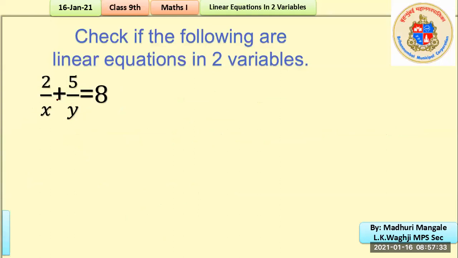Here we see the exponent is 1. And how many variables are there? There are two variables. So first thing, the number of variables is 2. But what about the degree? We know one rule of exponents says 1 over a^m becomes a raised to negative m when we shift it to the numerator.